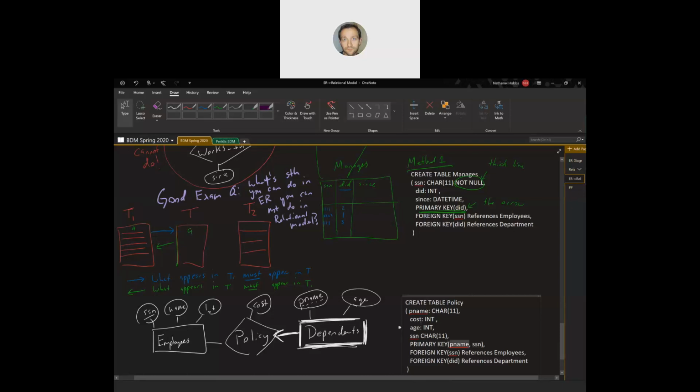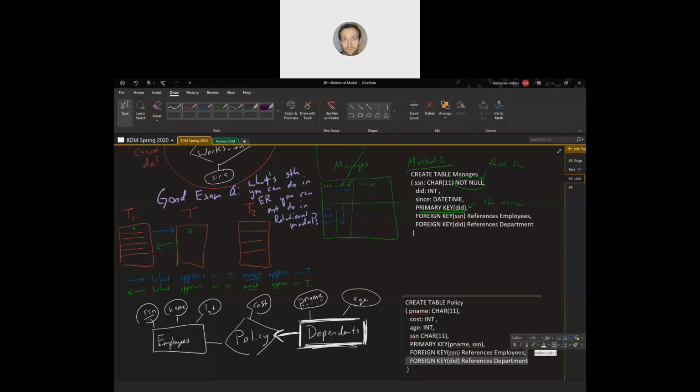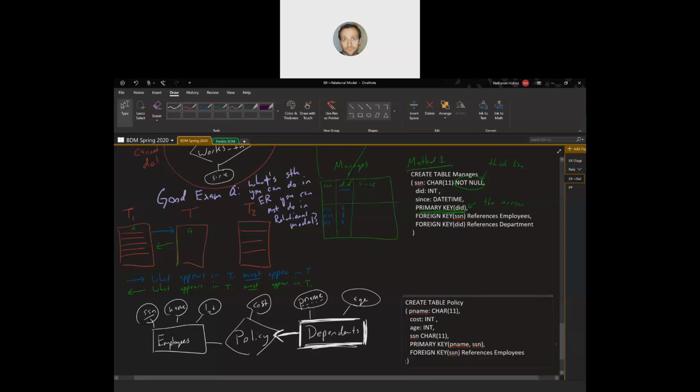Members in this policy get their uniqueness from the social security number from the employee's entry. And the social security number is going to be coming from employees. And in addition, this is the important part.